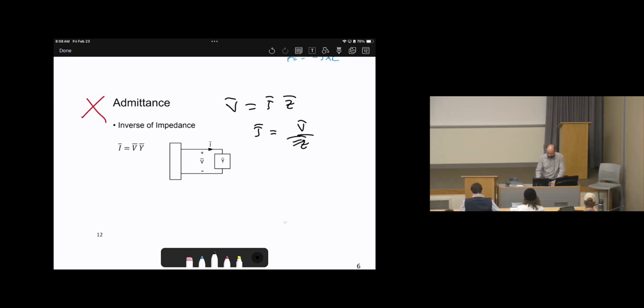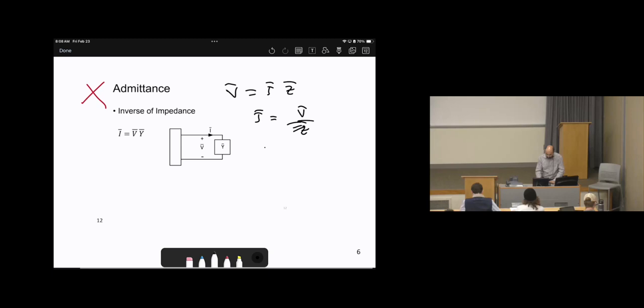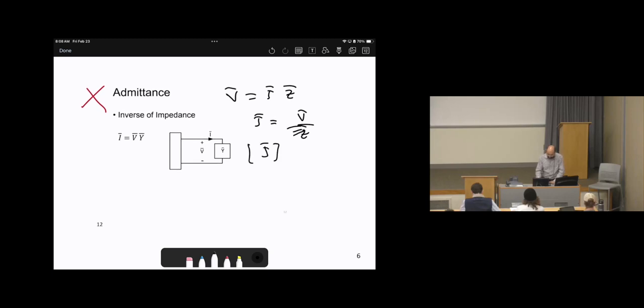But whenever we deal with matrices, I bar as a vector equals Z bar inverse as a matrix times V bar. So we can denote 1 over Z bar by calling it Y. So Y equals Z bar inverse, or in other words, 1 over Z bar.